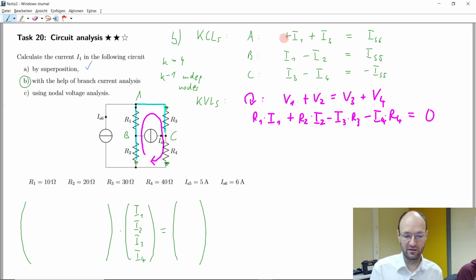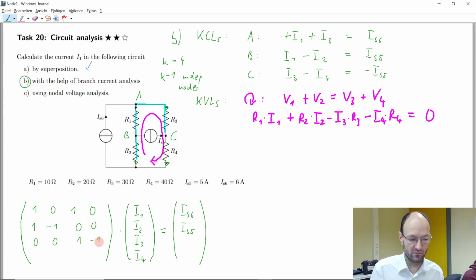And then we can look at these coefficients here. So we have 1, 0, 1, 0 in this case, and here the source IS6. In the next equation, we have 1, minus 1, 0, 0, and IS5. Then we have 0, 0, 1, minus 1, and minus IS5.